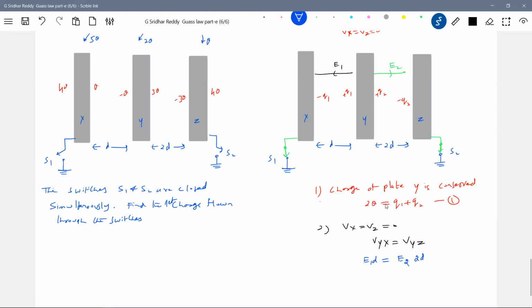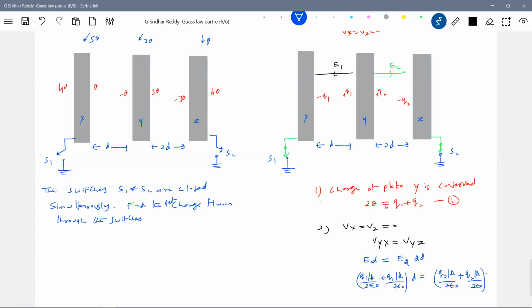Now, what is E1? Okay, now you know how to calculate electric field. Q1 by... there are so many things there.